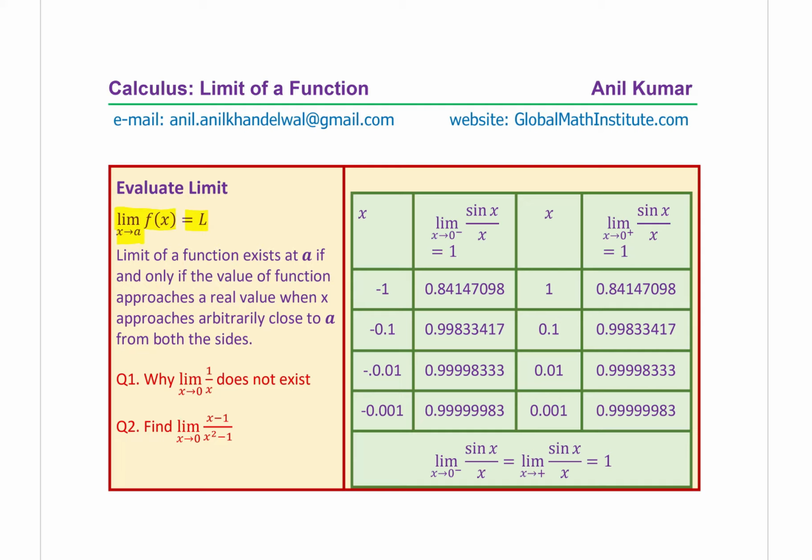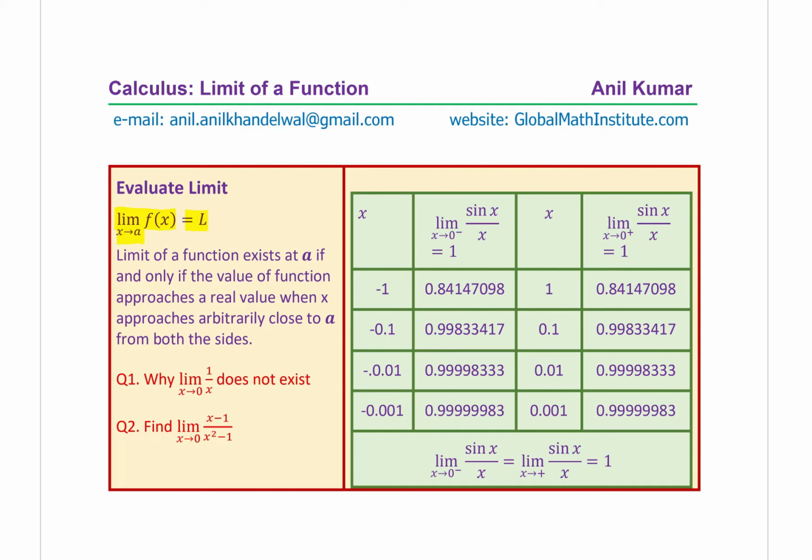Perfect. Now, we'll actually begin with the example first and then take up these two questions. So don't look at these questions now. In the example, let's figure out algebraically, calculate the value of sin x over x when x approaches 0 from the left side, and also sin x over x when x approaches 0 from the right side.